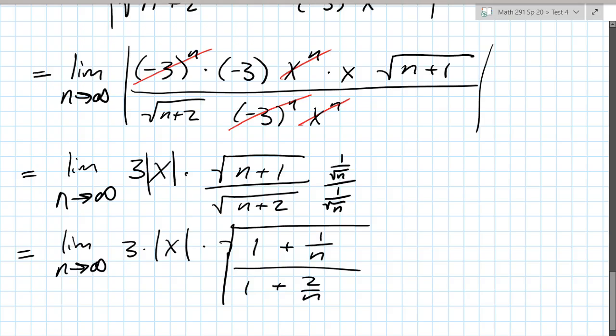And these go to 0 as n approaches infinity, so all that works out to be 1, just as we expected.